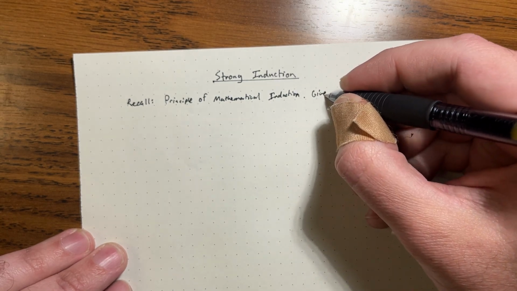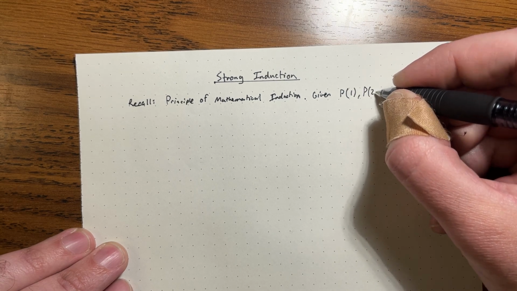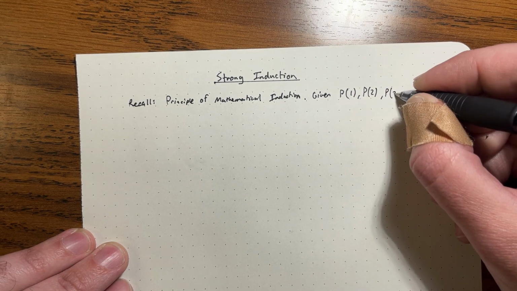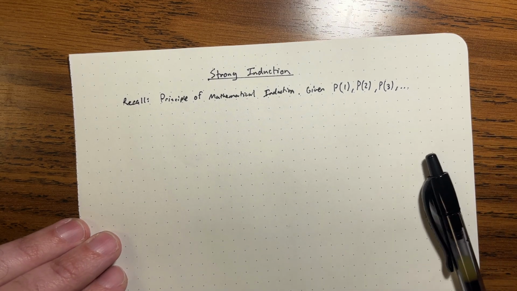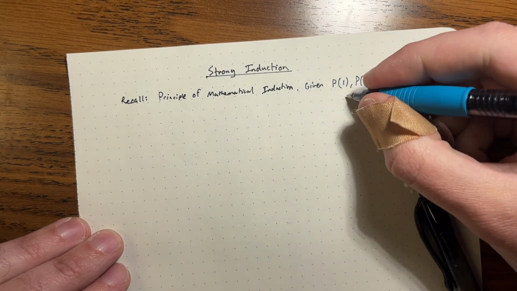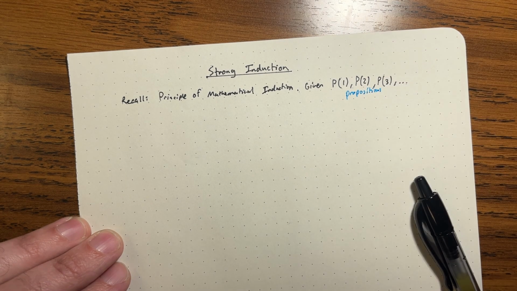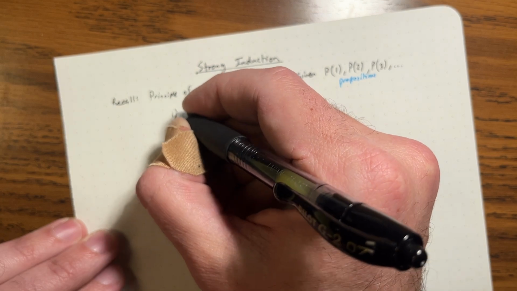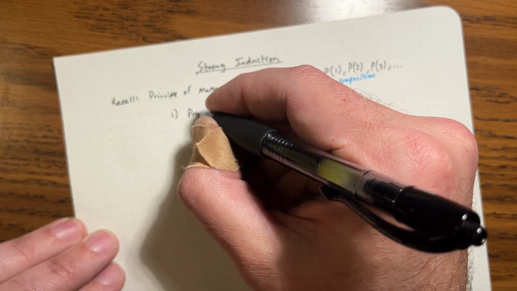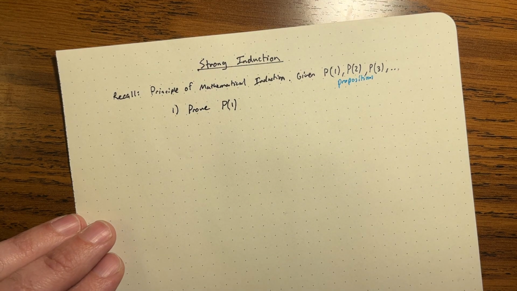Given statements, or propositions, indexed by the natural numbers, we're going to do two things. First, we prove the first statement, P1, and that's called the base case.